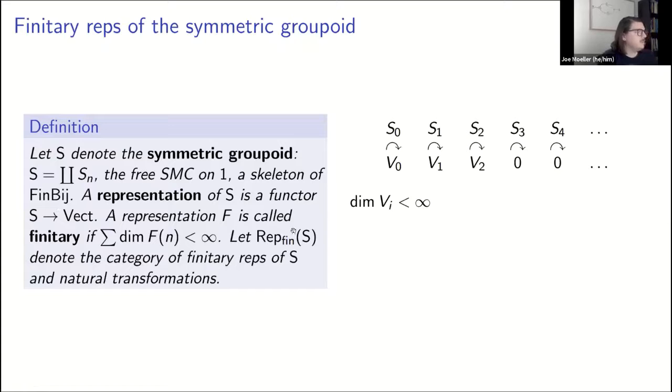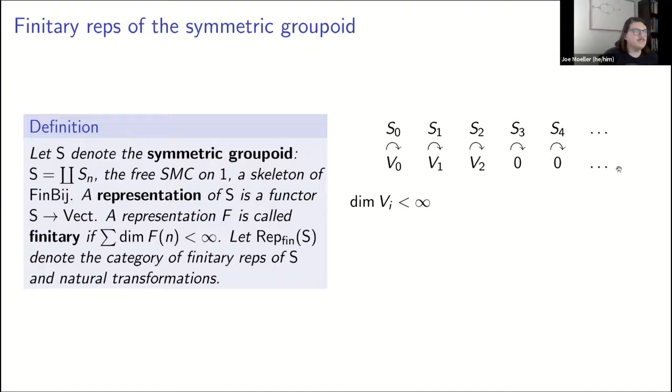And we just say that a representation of S is a functor from S into the category of vector spaces. And a representation is finitary if the total dimension of it is finite. So what does a representation look like?